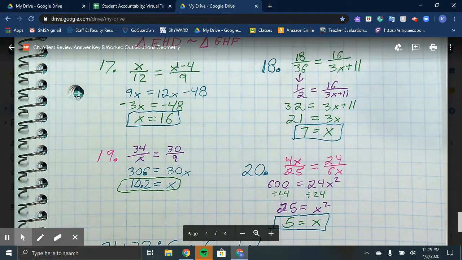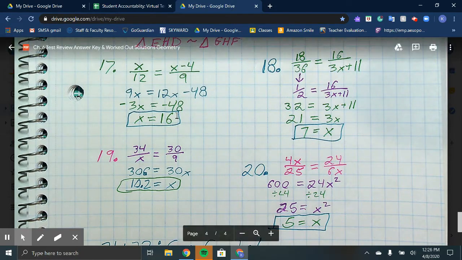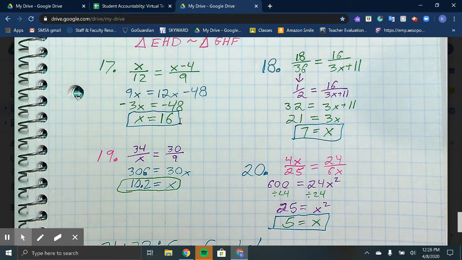And then x minus 4 corresponded with the 9, so I set up my proportion, cross multiply, giving me 9x equals 12x minus 48. Then I subtracted the 12x, so I have negative 3x equals negative 48. Divide both sides by negative 3, and x equals 16.